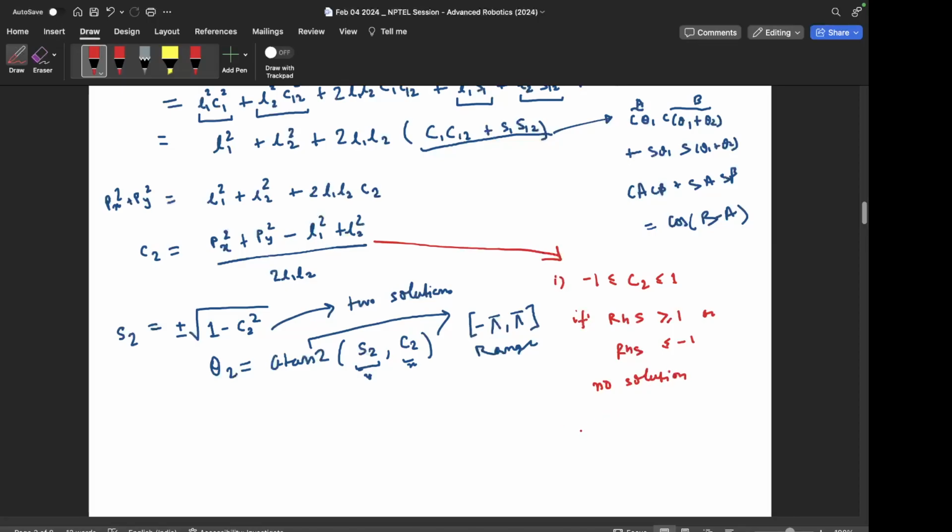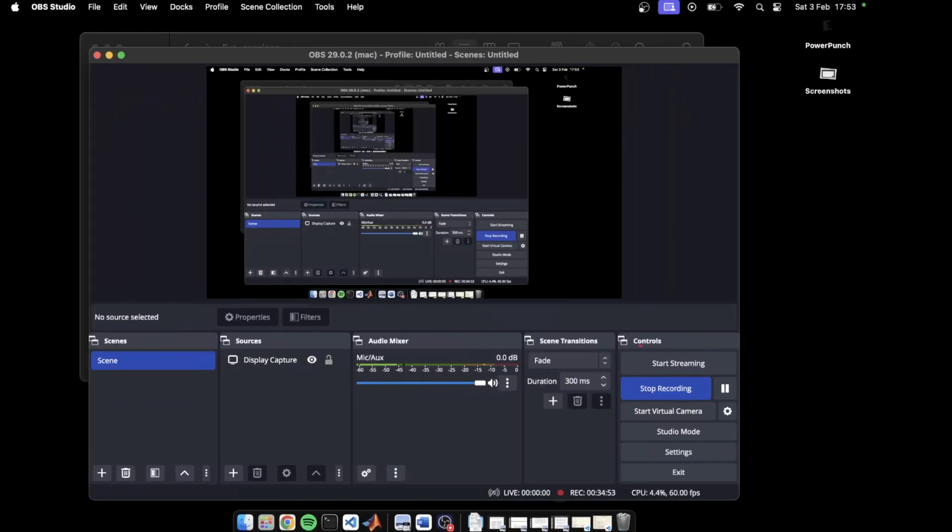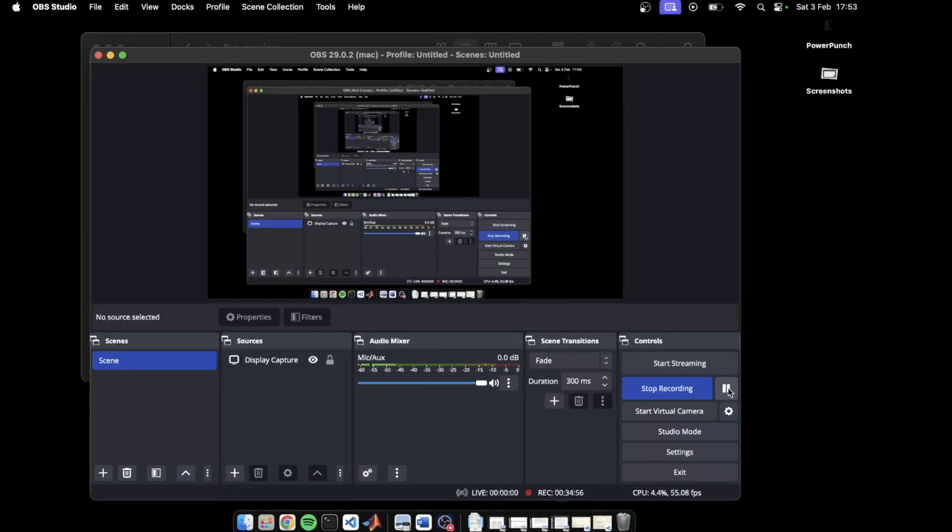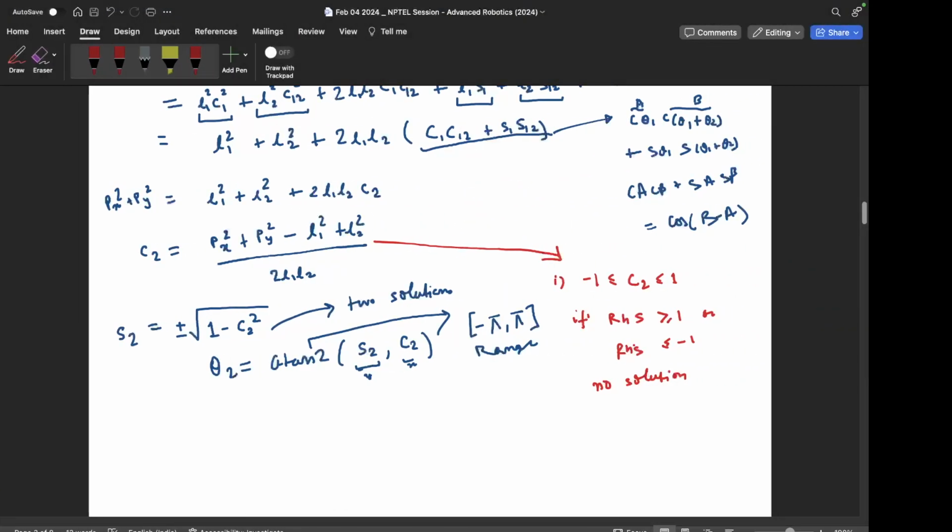And what are those cases? So RHS will be greater than 1 if the right hand side is greater than 1 or less than minus 1, then we would have issues in finding a solution. We would not find a solution, right?